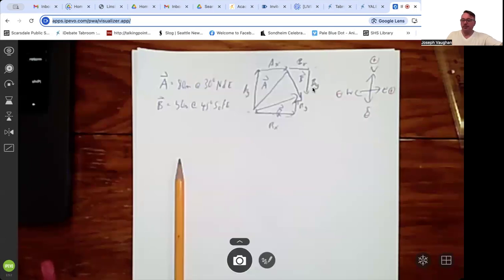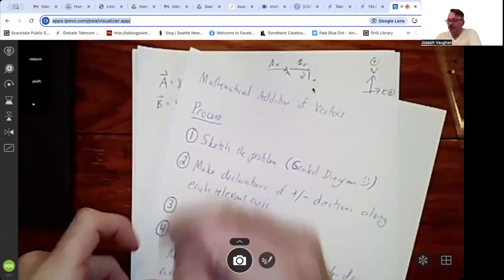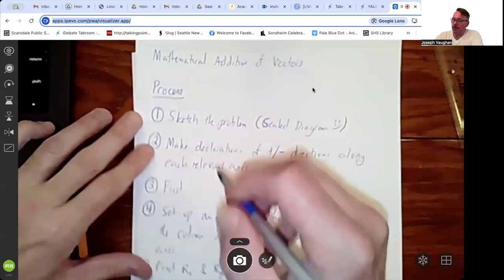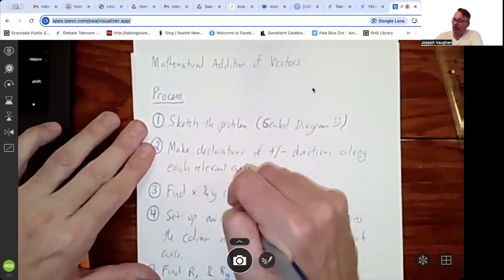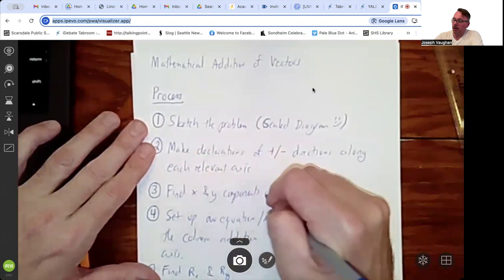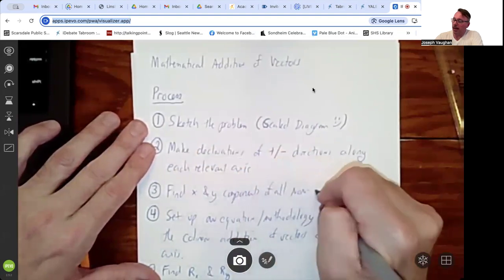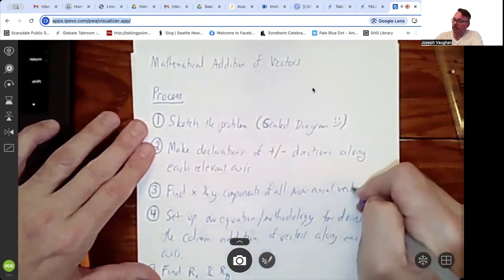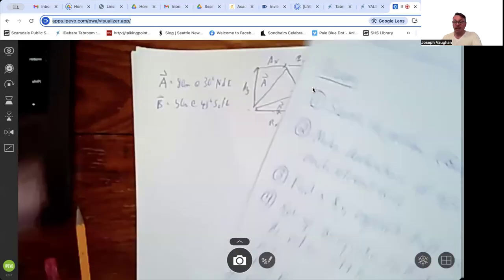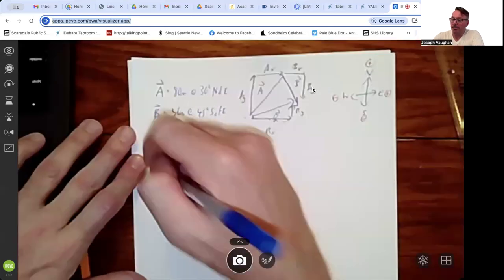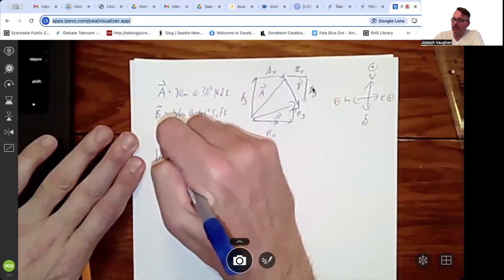So let's do it. Step 3, find the x and y components of all non-axial vectors. Okay, so in this case, that's both of them. So I'm just going to go, well, I need to find AX.